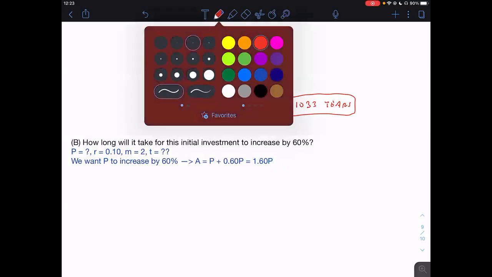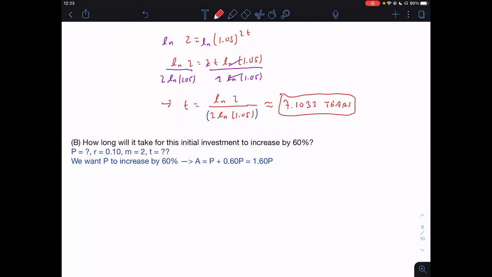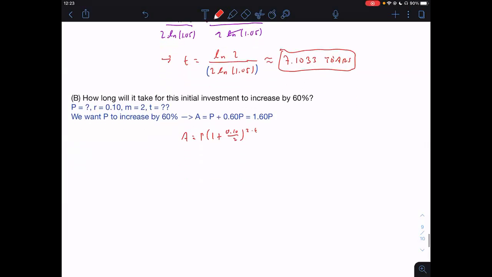All right, so once again, we set up our equation where we have A equals P times parentheses 1 plus 0.10 divided by 2, to the 2 times T, except now our value of A is going to be 1.60 P. As we already established before, 1 plus 0.10 over 2 is equal to 1.05, raised to the 2T.